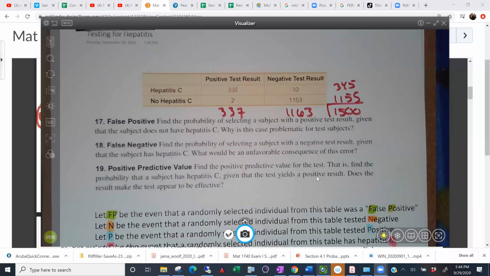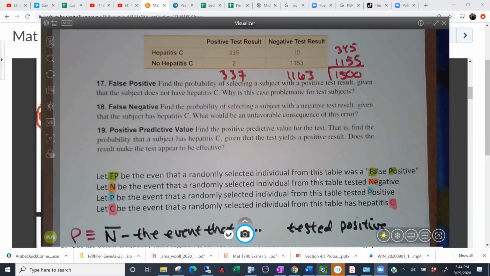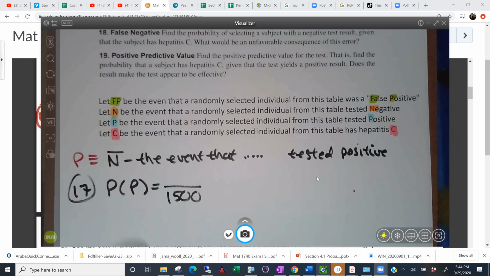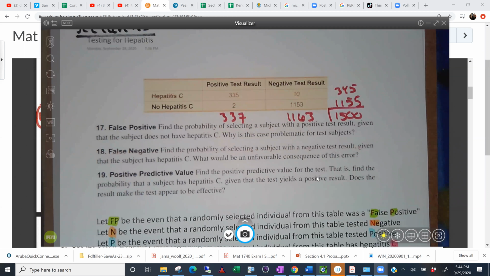So that's actually going to be our denominator, 1,500. Now in the numerator goes the number of successes. And for us in this case, that's the number of people that tested positive. So how many people tested positive here? 337, and that's great.